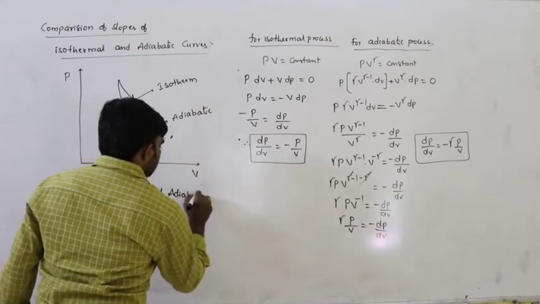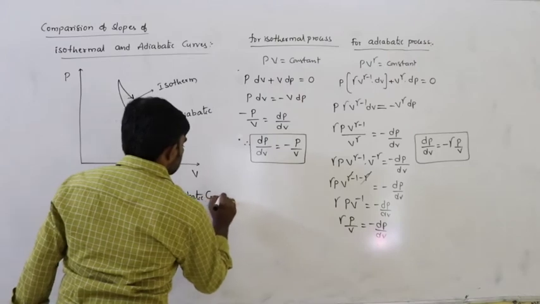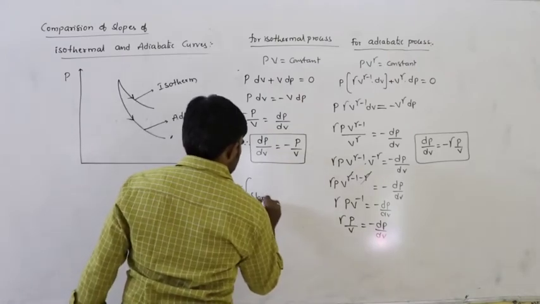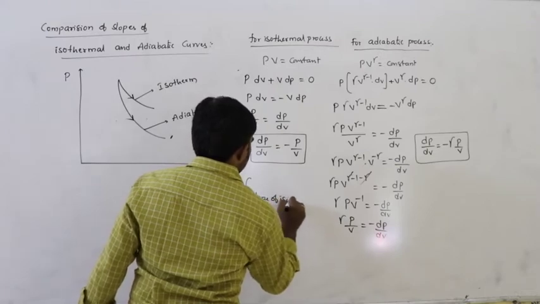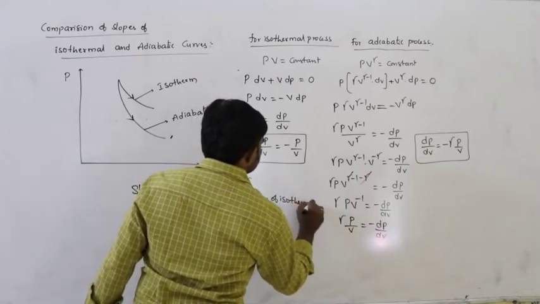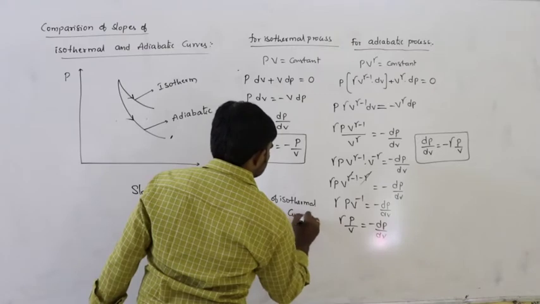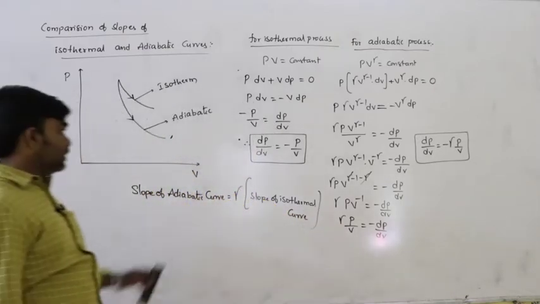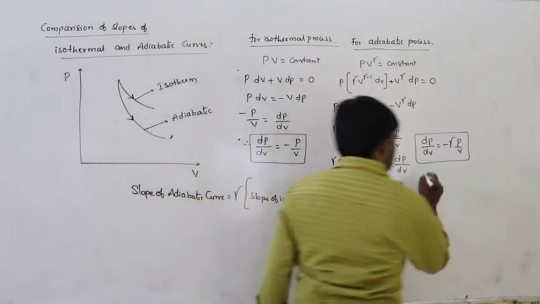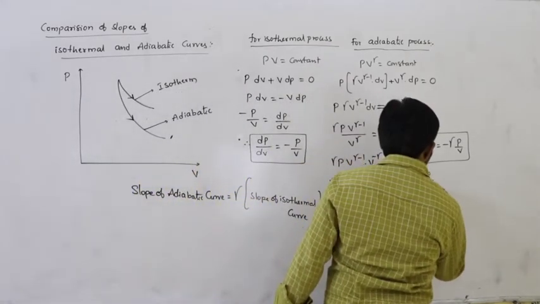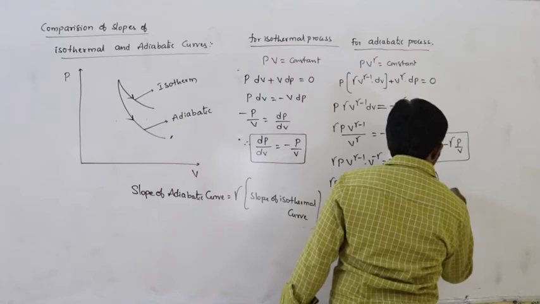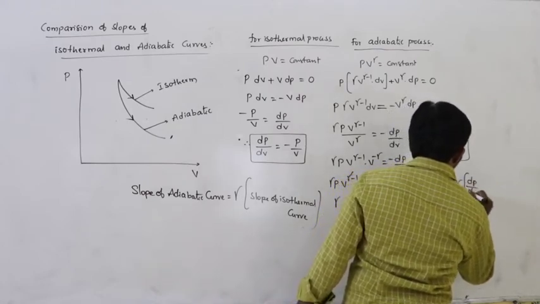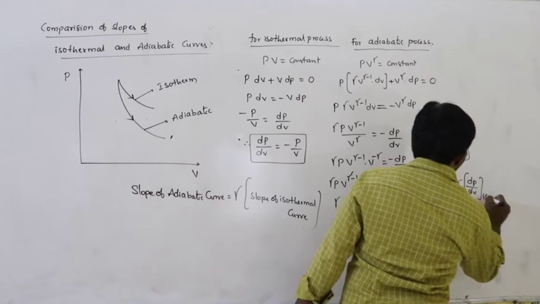adiabatic curve is equal to gamma times slope of isothermal curve. So from this we can write dp by dv of adiabatic is equal to gamma into dp by dv of isothermal.